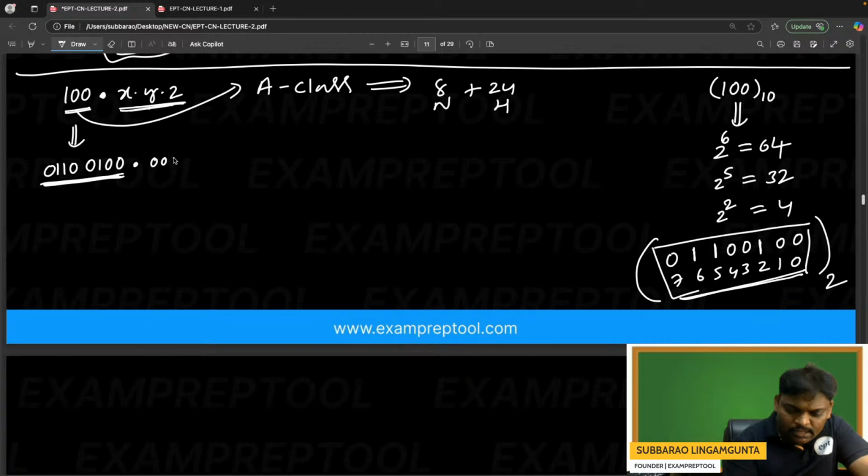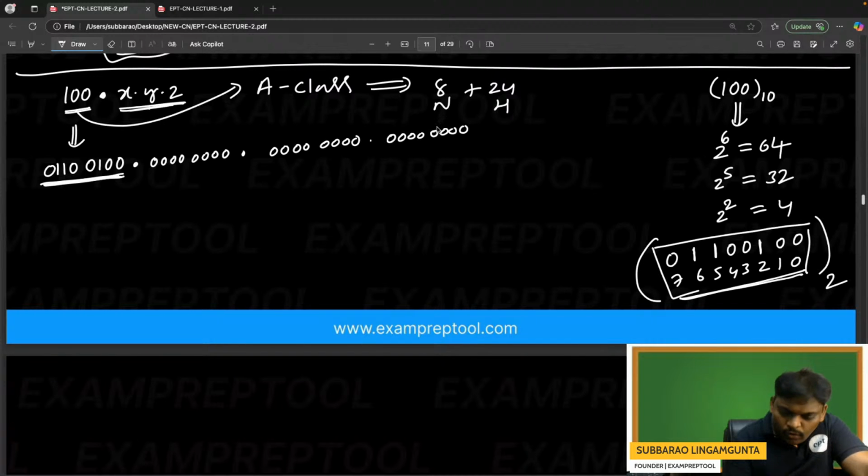See the answer. You know very well, if you observe clearly, the host bits go from 24 zeros to 24 ones.